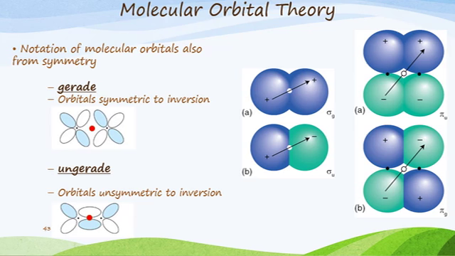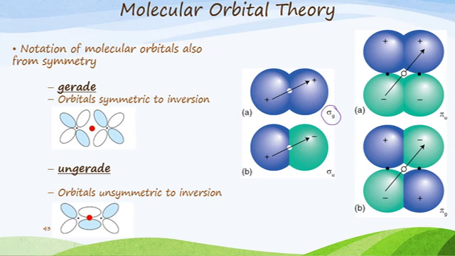Inversion is something that we're going to look at in symmetry later on, but essentially what you need to remember is that if you do a rotation and you keep the sign the same, then I showed you earlier that you get this sigma g. The g stands for gerade. I'll pronounce it again, gerade. Some students say Gerard. No, it's a German word, gerade.